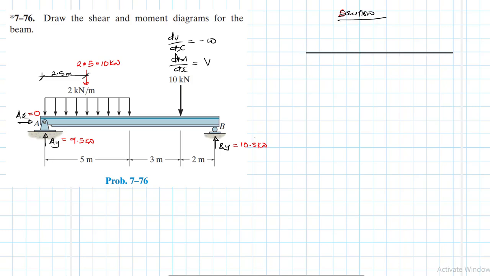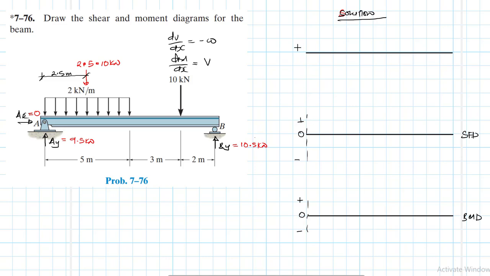So to start with, we are going to first draw just these lines here. These represent the load, the first one, then the shear force diagram and the bending moment diagram. Positive up, negative down, 0 there, positive up, negative down, 0 there.